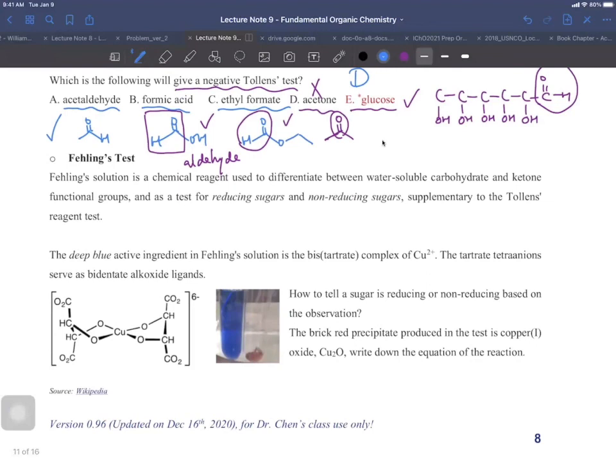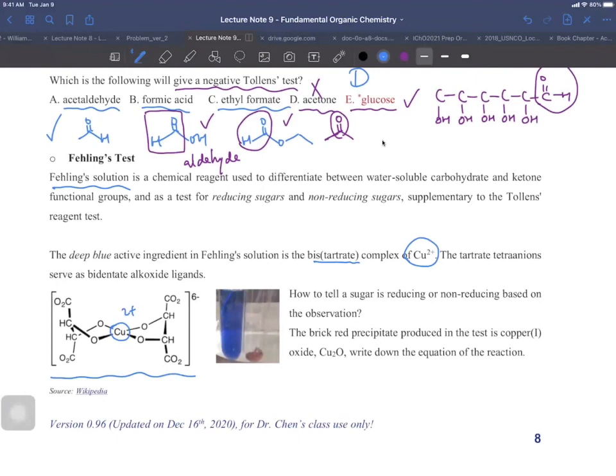Another weak oxidant is the Fehling's solution. Fehling's solution is made by a complex of copper 2+. The copper 2+ is complexed with the tartrate ligand. We don't need to care too much about the structure, but as we can see, the central copper is 2+ because each ligand is 4 minus.